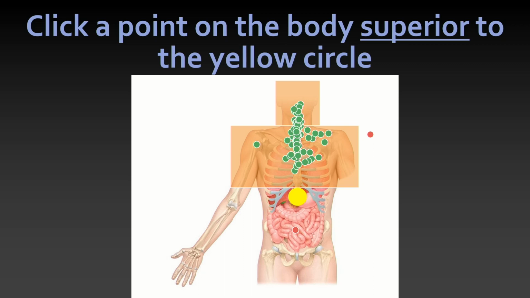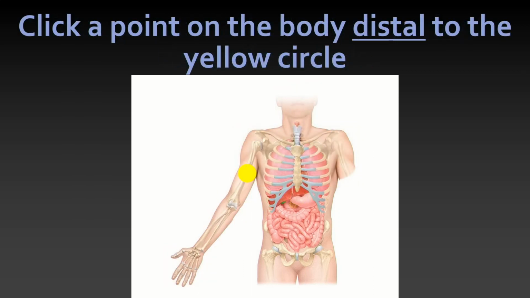If you clicked within this square, you would have gotten that right. So these squares are running fast and loose. And this, I don't know who put that one in. I can go back and look, but you might want to review. Okay, good. On the body, superior to the yellow circle. Let's try the next one.